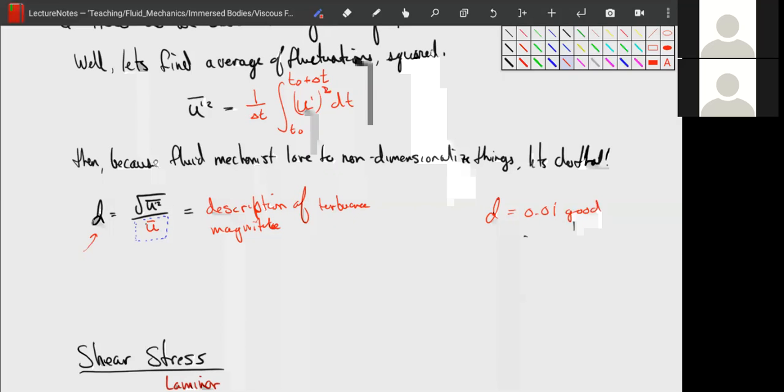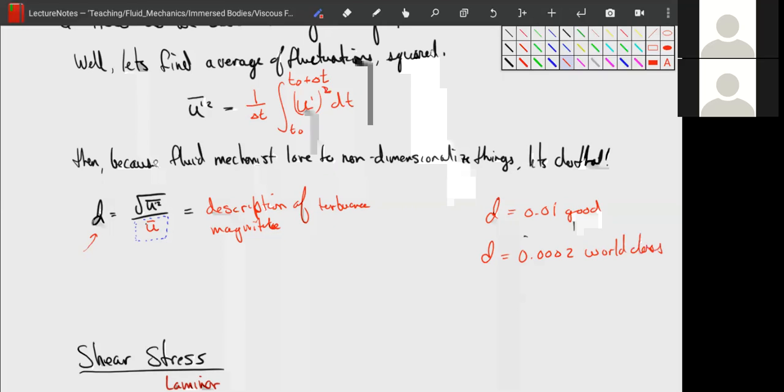If we can reduce the turbulence in our flow, like in a wind tunnel, to 1% of the mean flow, that's actually quite good. If we can reduce it to 0.0002, that's a world-class wind tunnel.